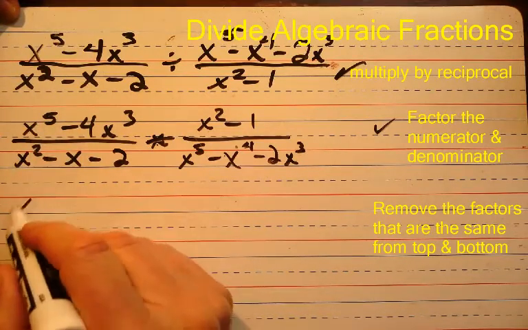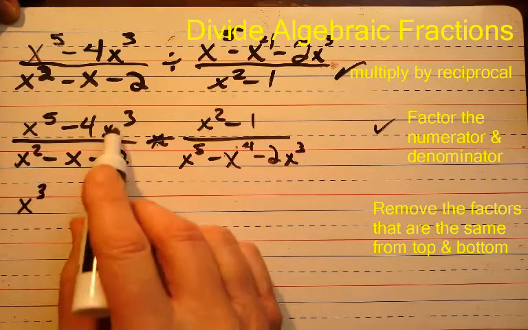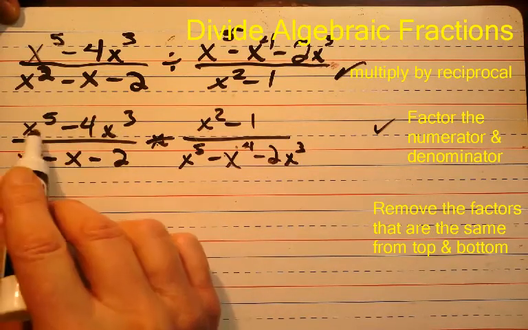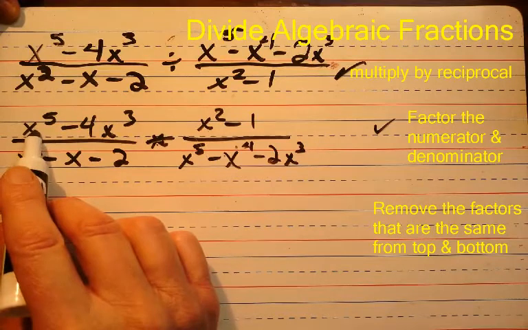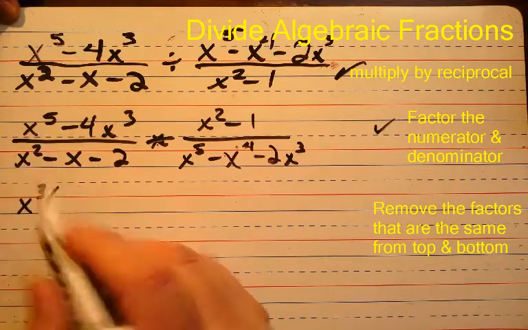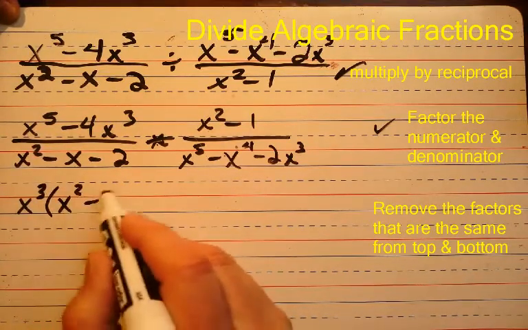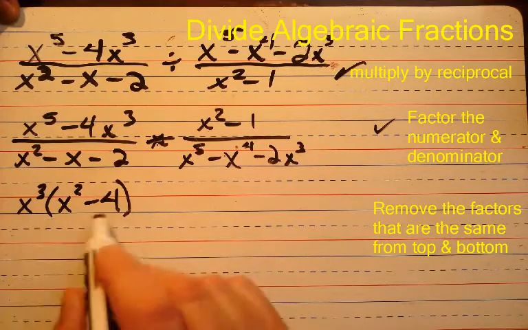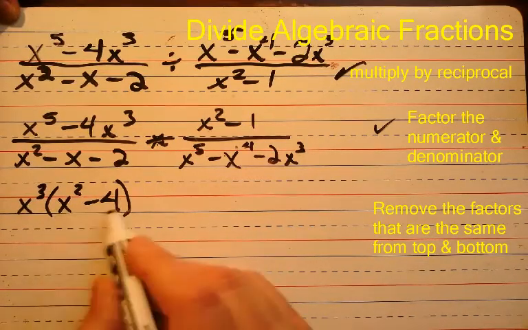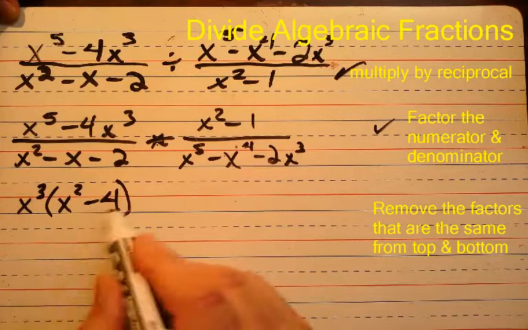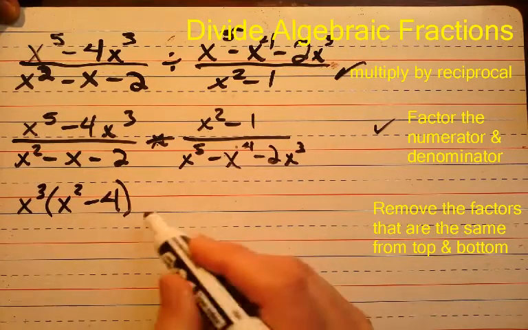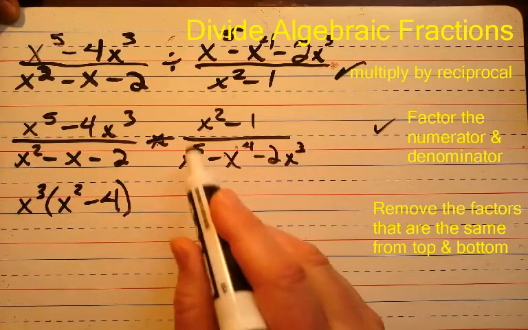Alrighty, so this one, x cubed is common, right? There's 5 x's there, so I know I can take 3 of them out. If I take 3 of them out, I'm left with x squared minus 4. Hey, that's a special case. I know I can break that down, but I'll wait for that.